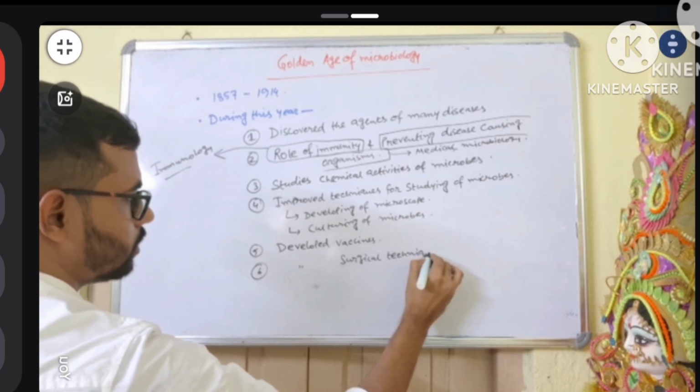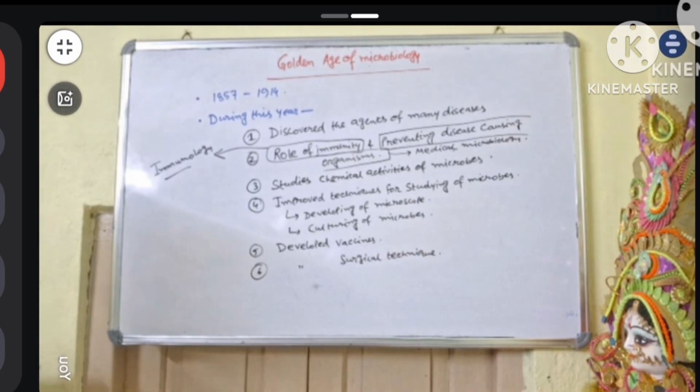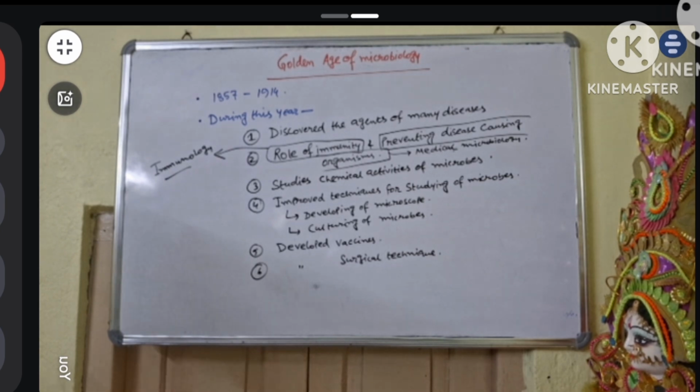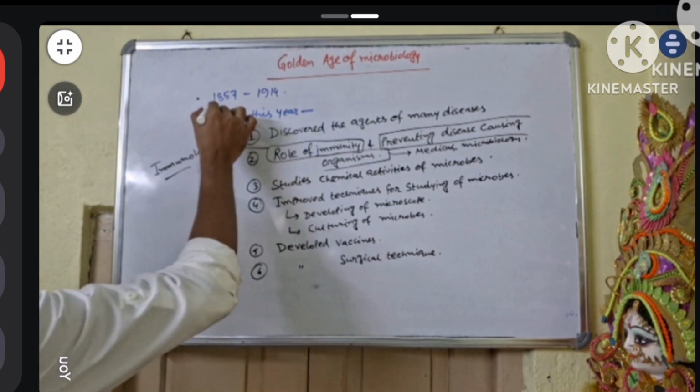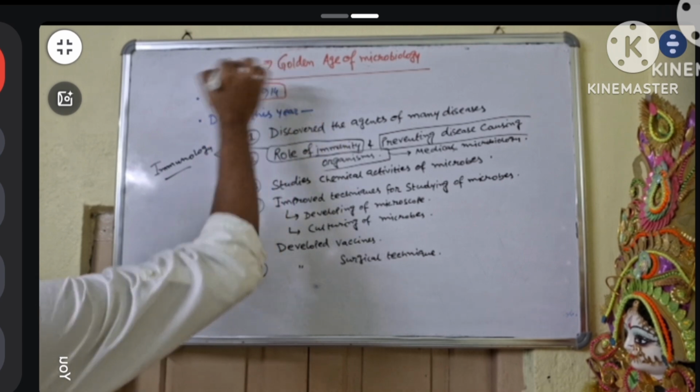So various critical things happened during this period, the years 1857 to 1914. That is why this period is called the golden age of microbiology.